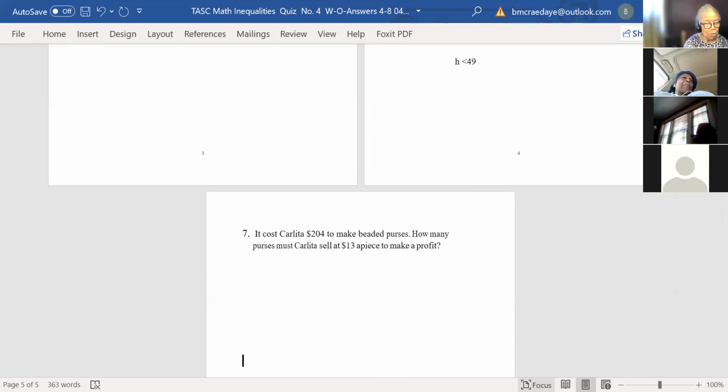So what would be the inequality symbol, Vanessa? Greater than, less than, or greater than or equal to? Yes, greater than or equal to.